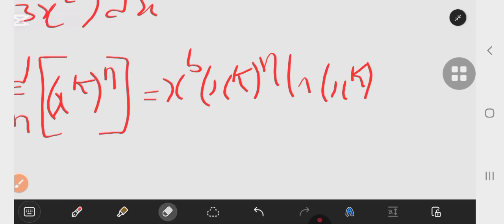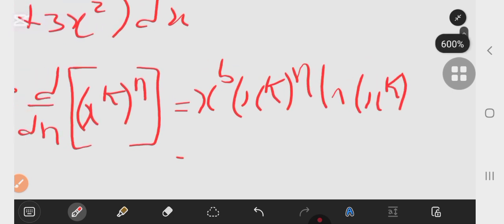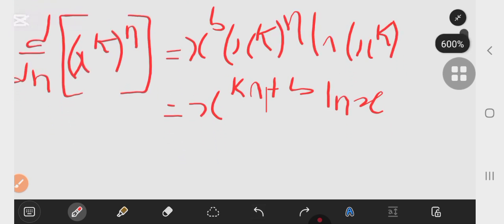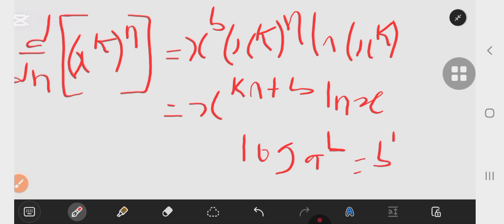So at the end for this one, I'll have x to the power of kn plus b times ln x. Remember, in logarithm, log a to the power of b is equivalent to b log a.